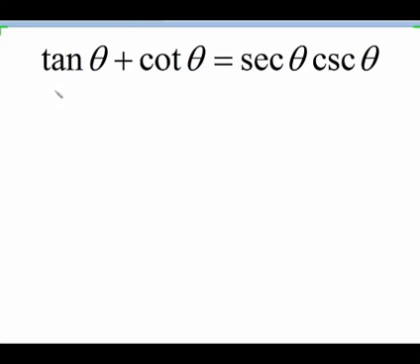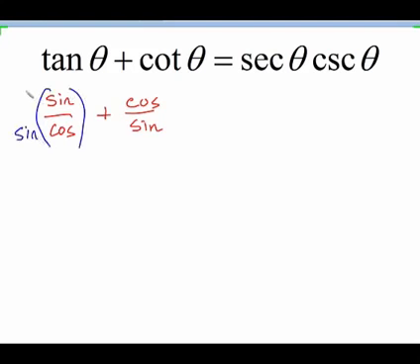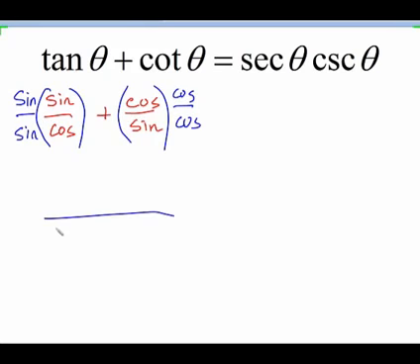So tangent, notice, is not being squared, so this is only going to be sine over cosine plus cotangent, we know is going to be cosine over sine. So in order to get a common denominator here, we're going to multiply by sine. Over here is going to be cosine. Right? Because our common denominator is going to be sine times cosine.